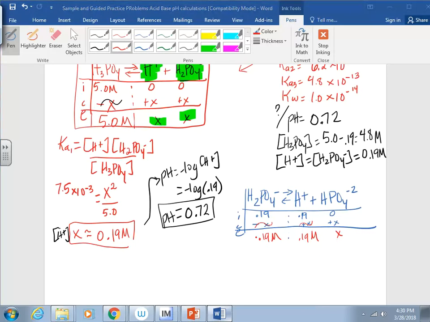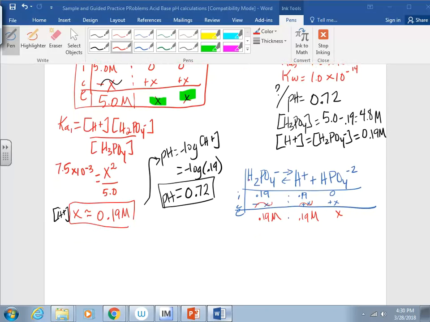So let's plug into the law of mass action for this reaction. This will be our Ka2 that we're going to be plugging in for, second dissociation step. Hydrogen ion concentration times the HPO4 minus 2 ion concentration divided by the H2PO4 minus concentration.